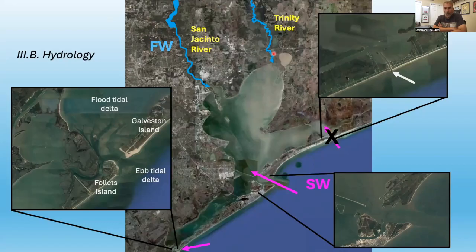But in terms of water inputs, essentially, we've got two large freshwater inflows, the largest being the Trinity River, and that watershed extends clear up to Dallas, Fort Worth, so Denton County, like we've discussed, and then the smaller of the two being the San Jacinto River. Now, these aren't the only two. In fact, there are a number of smaller bayous and creeks that feed in around the bay, all the way down from the very south end of the bay where it meets up with Follett Island, all the way around and clear over into East Bay.